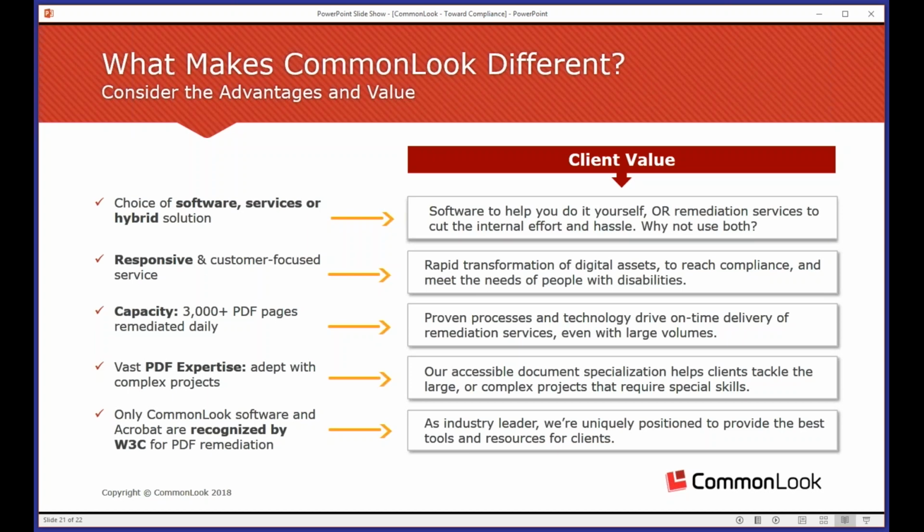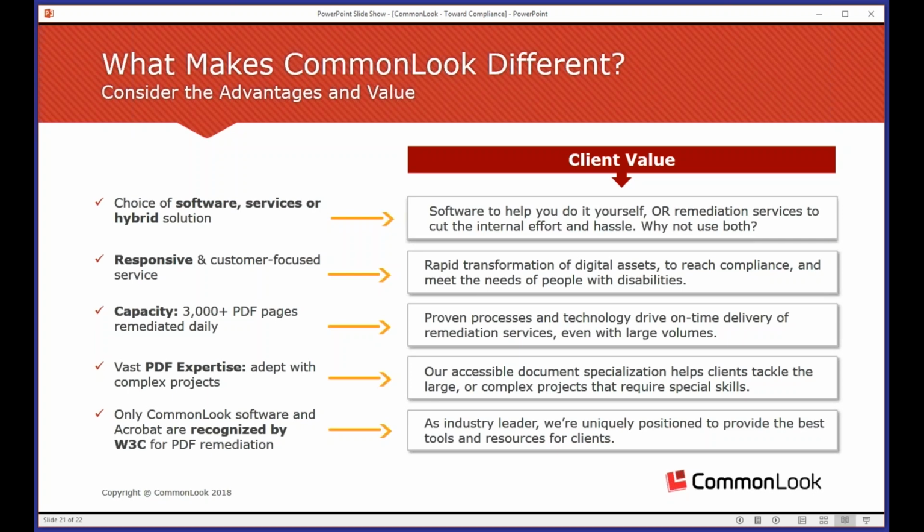And thinking back to the other tools that I mentioned earlier, the CommonLook tools are the only ones that will guarantee your documents conform with Section 508, WCAG 2.0 AA, PDF/UA, and the standard that the U.S. Health and Human Services Agency uses as well. In addition, our training department can teach you anything from the most basic concepts in accessibility to how to fix the most complex documents. You can come to our classes in Washington, D.C., or we will gladly come to you.